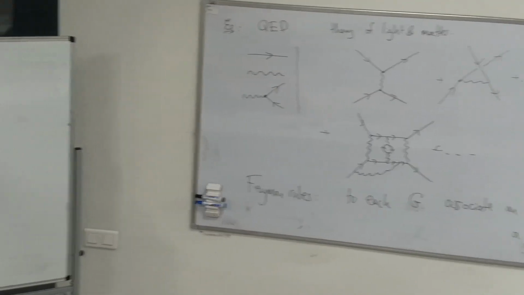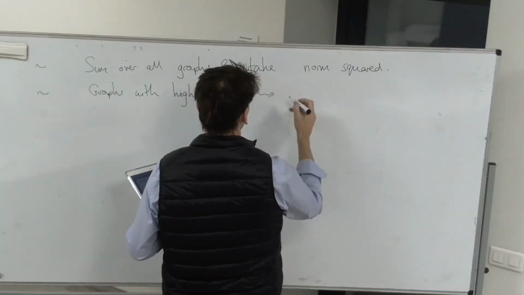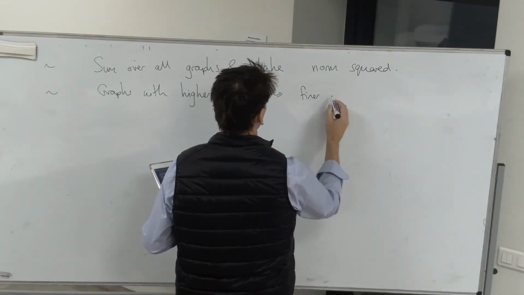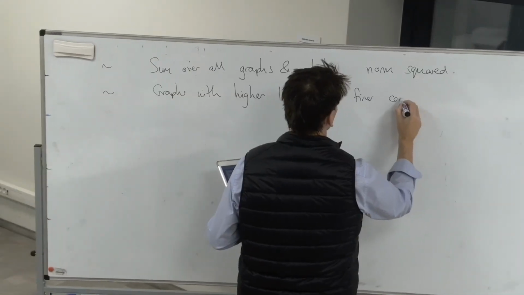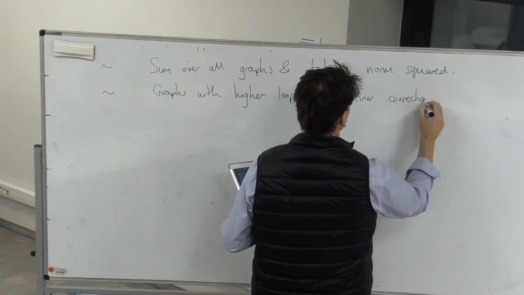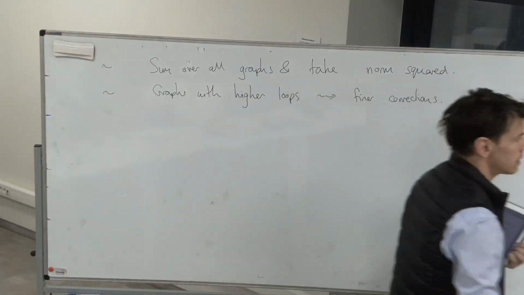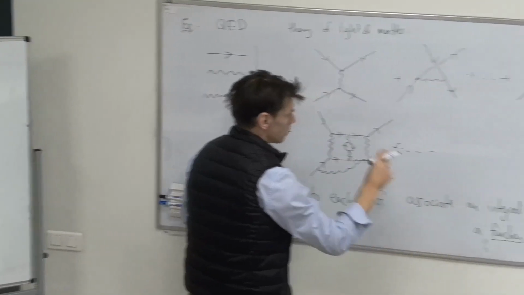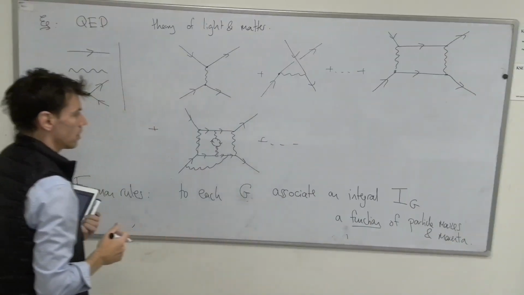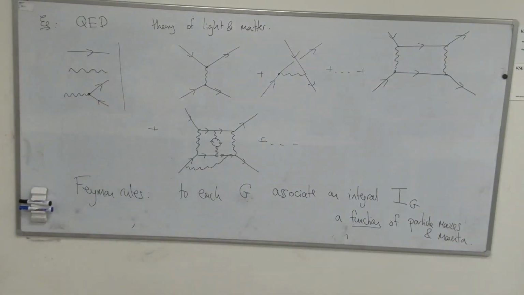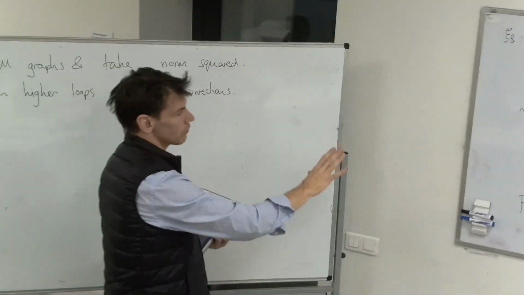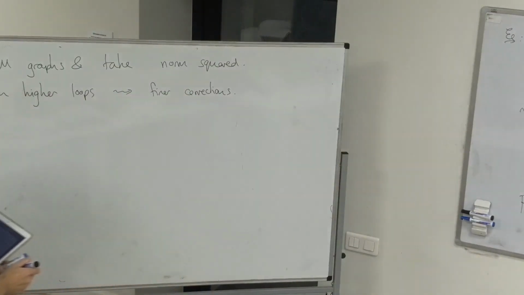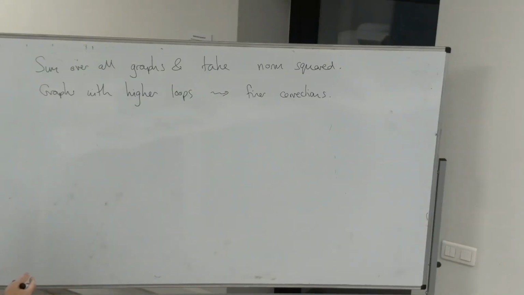But graphs with higher numbers of loops represent finer quantum corrections to what you are observing. So it's hoped that it's like some kind of Taylor expansion. As you get further and further down, you get smaller and smaller corrections to the probability you want to compute. In practice, there are all sorts of very difficult mathematical problems behind this, which I won't talk about.